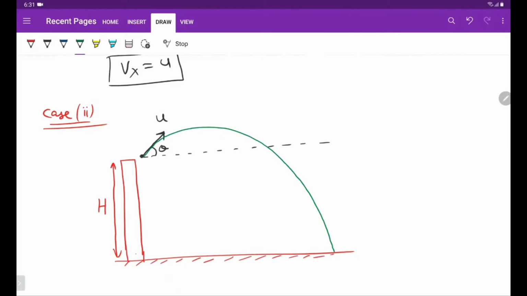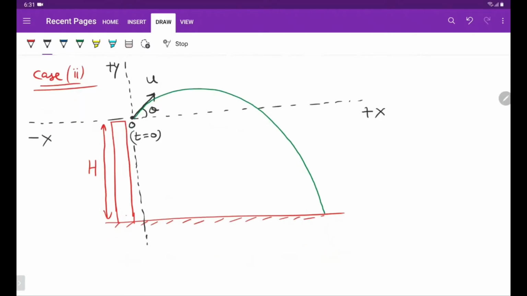So now take that point as origin, at time t equals 0 when it is projected. Take the x-axis in this direction, upward direction as positive y-axis, and downward direction as negative y-axis.